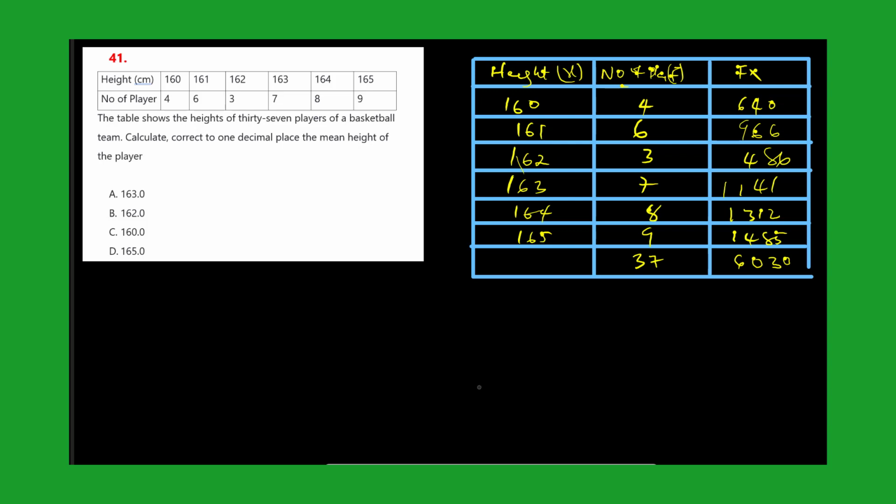So for us to find the mean height, summation of fx divided by summation of f, which equals 6,030 divided by 37.